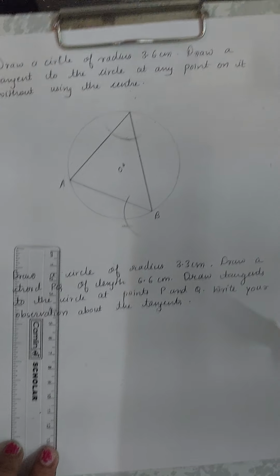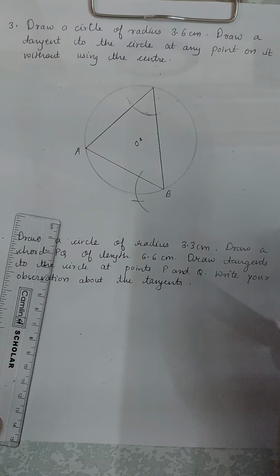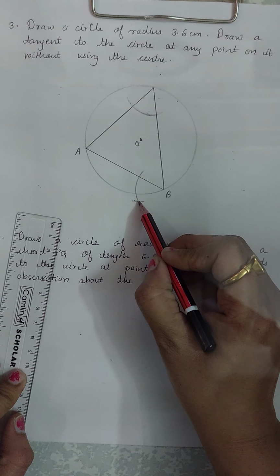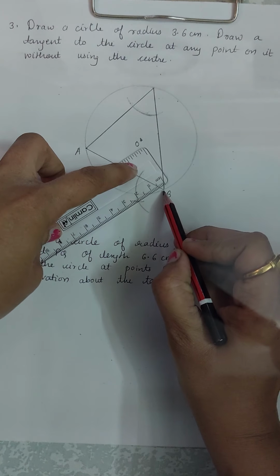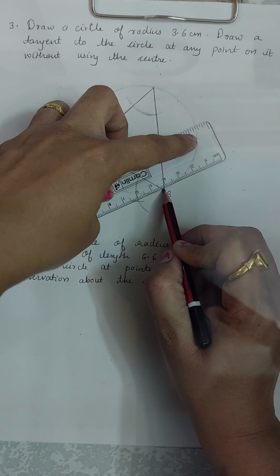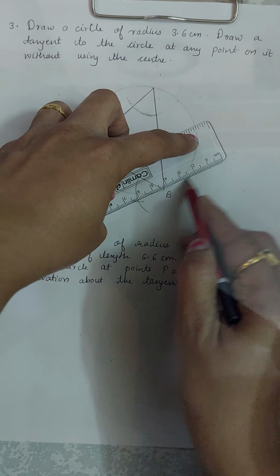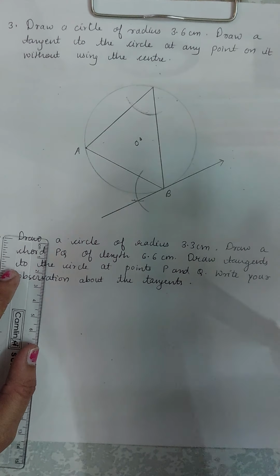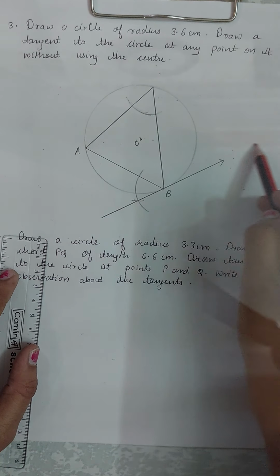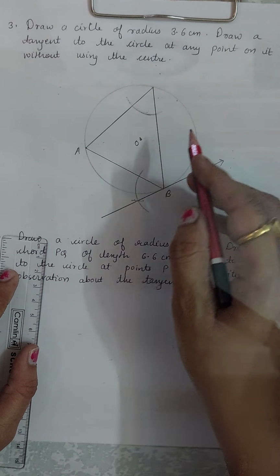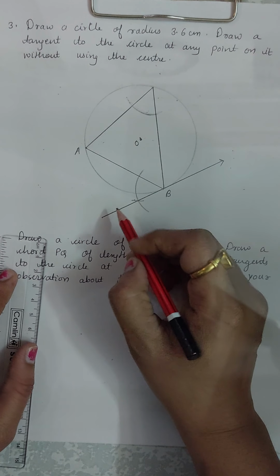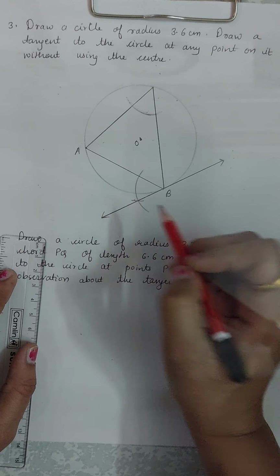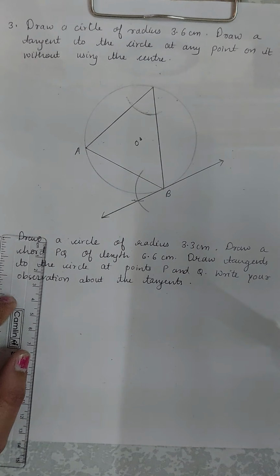Okay, so now I am getting 2 points of intersection. If you see, one is this and one is this. So from this my tangent is going to pass. So this is going to be my tangent. I did not use a center. Without using the center, I am drawing the tangent for this circle.